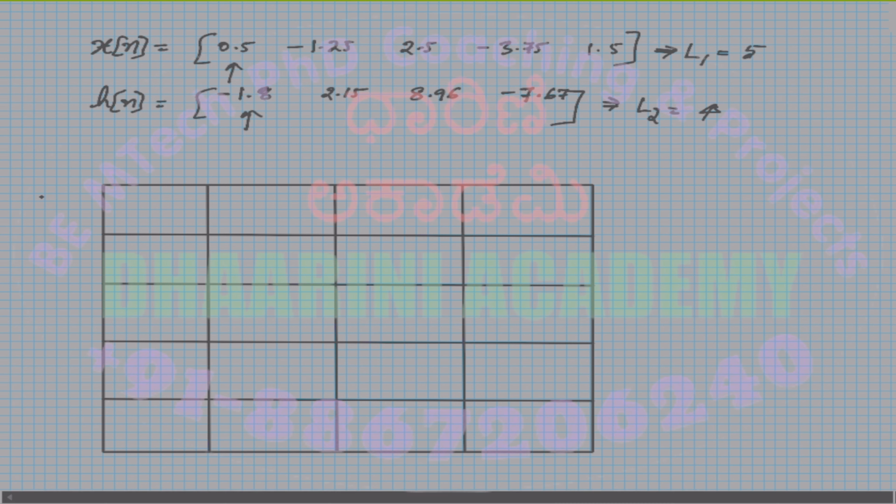So this is 0.5, minus 1.25, 2.5, minus 3.75, and 1. The other signal you write along the columns in this fashion. So this is minus 1.8, 2.15, 8.96, minus 7.67.